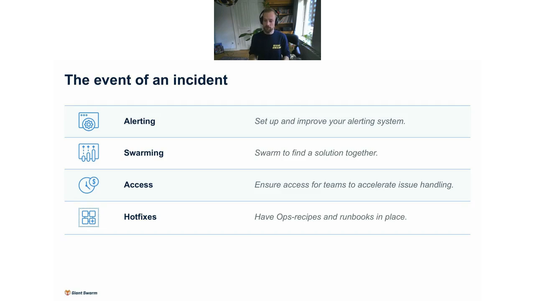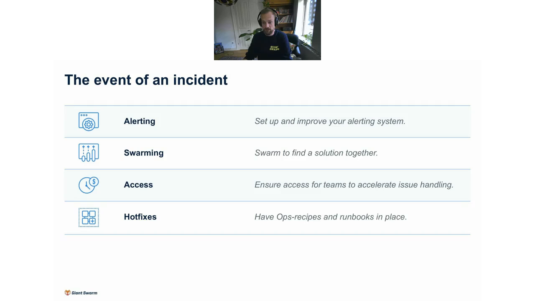Then the third one is access. Make sure that application teams are able to access critical log files, for example, for their own issue handling. So every access they need in order to handle issues is helpful and is helping you as a platform team not to have too many firefights. And the last one is hotfixes.